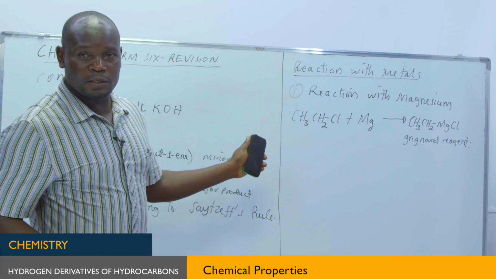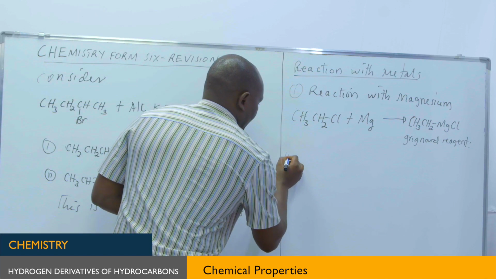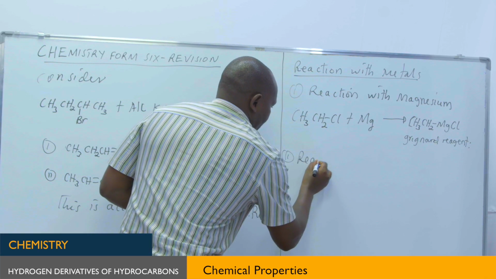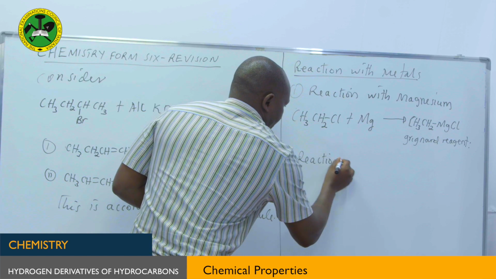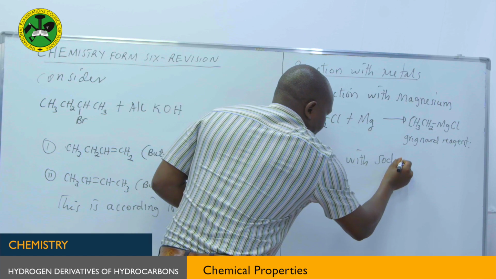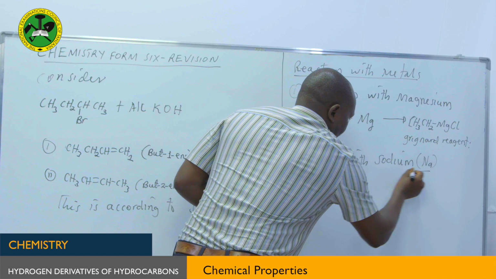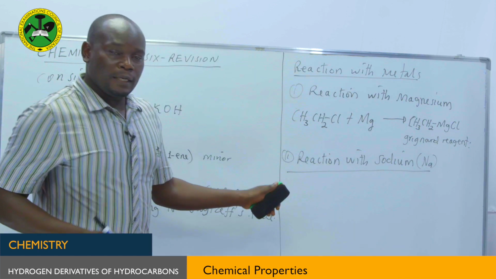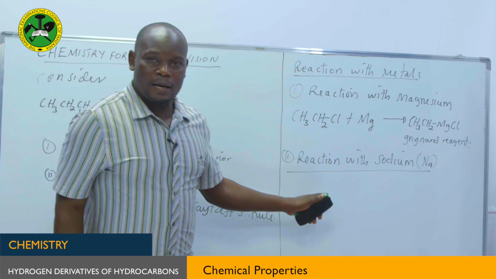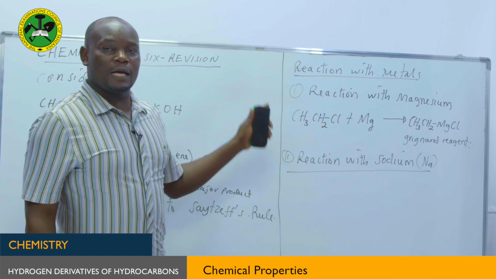But the second reaction of haloalkane with metal is the reaction with sodium. The reaction of haloalkane with sodium takes place under a condition of dry ether.